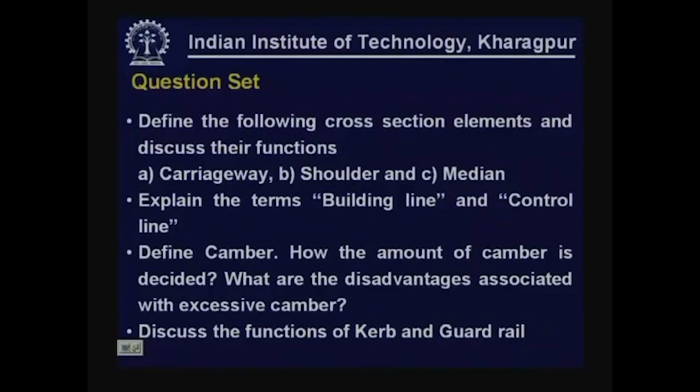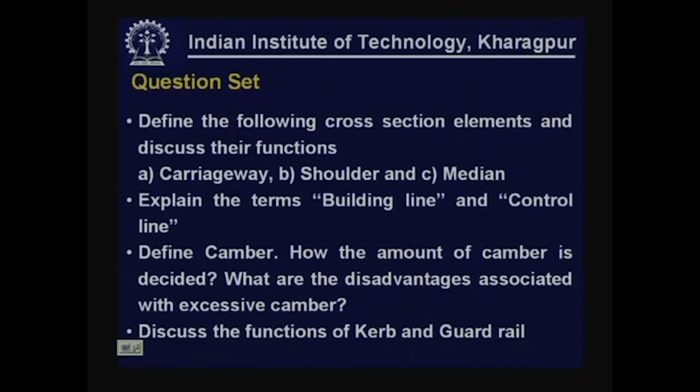Now, let me put some questions related to the topic we have discussed. We have discussed various cross section elements and their functions. Try to answer these questions. Define the following cross section elements and discuss their functions: carriageway, shoulder and median.